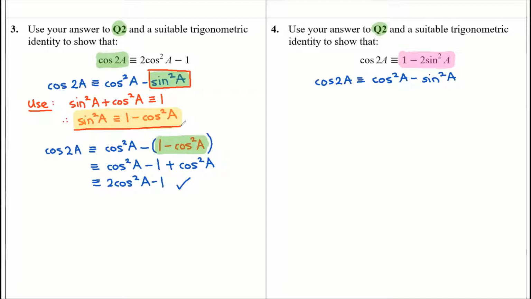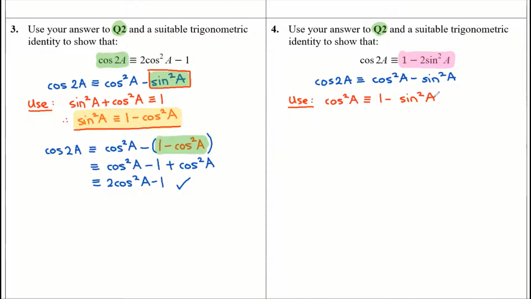So this time we're going to use a rearrangement. So I'm just going to rearrange that identity again. The sine squared a plus cos squared a is identical to 1. And we're going to make cos squared a the subject, because that's what we want to eliminate. So if we make cos squared a the subject, that's going to be 1 subtract sine squared a.